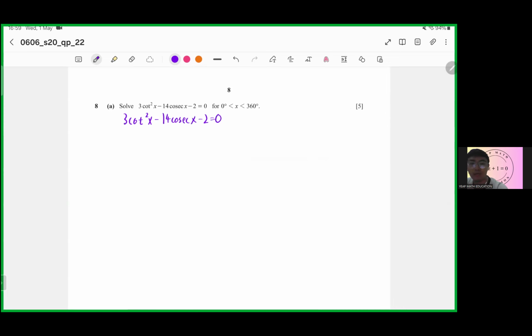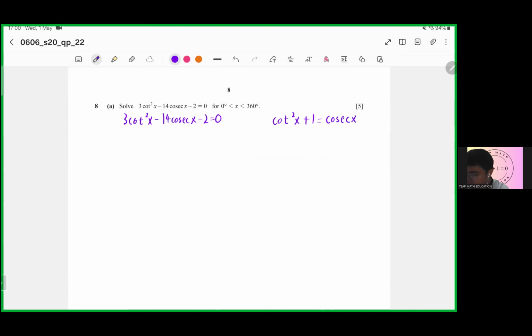Okay, so what is our first part? The first part is you need to use the trigonometry identities. Let me take: cot squared plus 1 equals cosec squared.